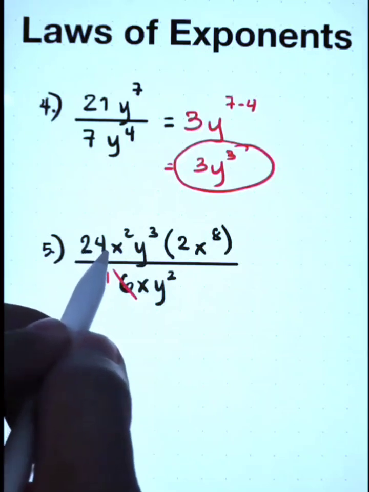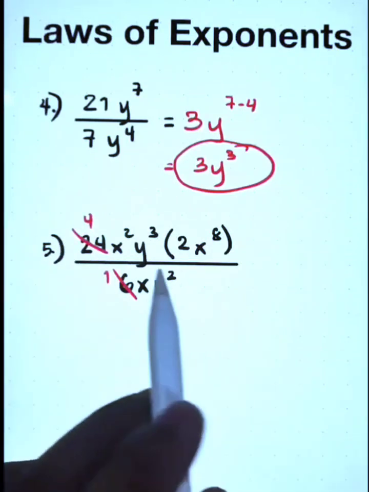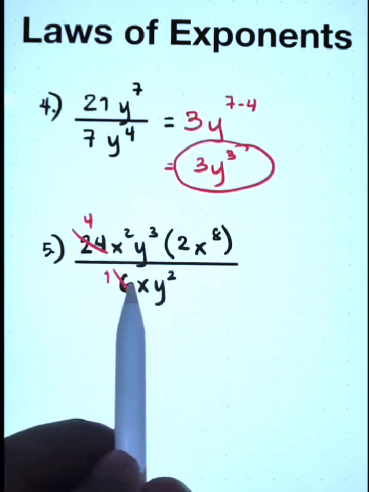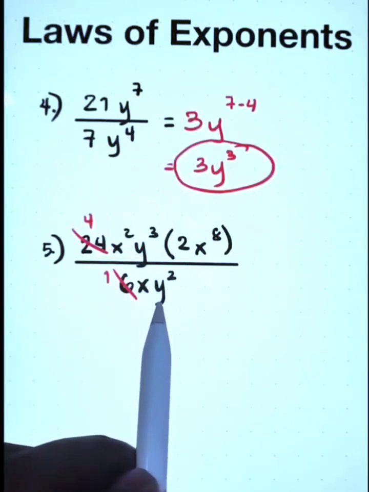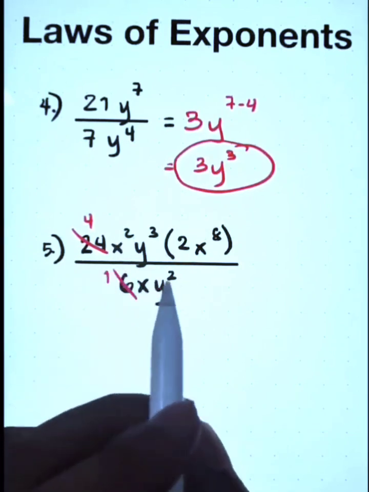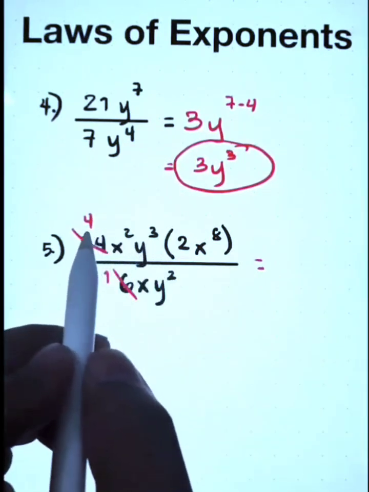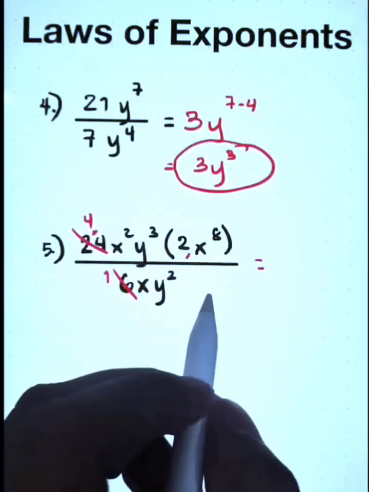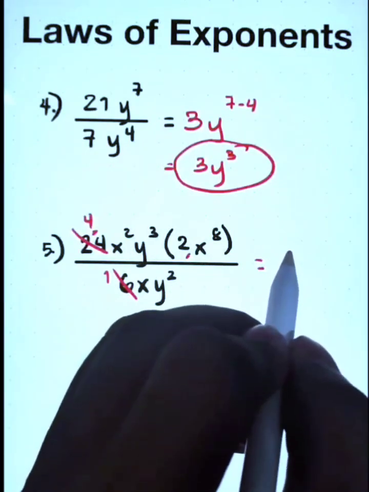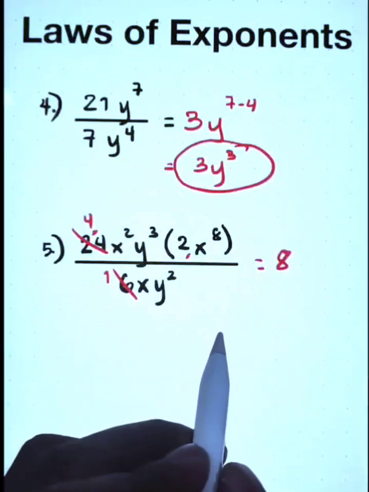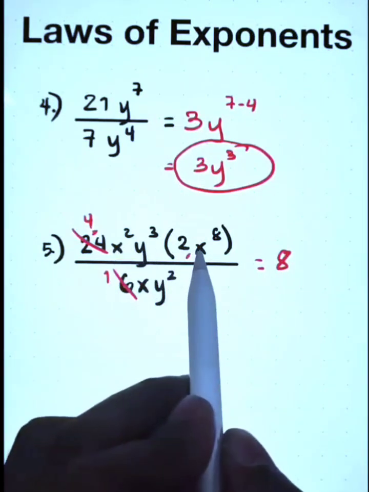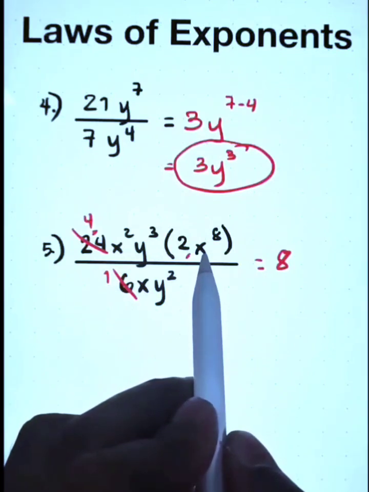For the 24, it will become equal to 4, because we have 4 times 6 in 24. So what about the variables? For the variables, we still have 4 and 2, so I can multiply 4 and 2, which is equal to 8. For the variables, I will add first x squared times x raised to 8.